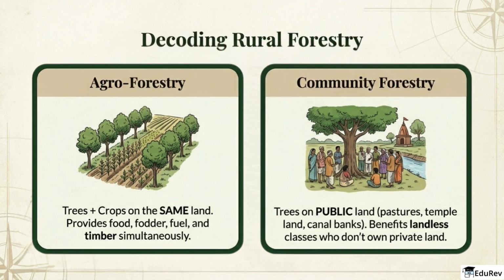And the key social point is important. This benefits landless groups, people who do not own private land but still depend on common resources. Most students understand agroforestry. Fewer understand why community forestry matters. It matters because forestry policy is also about equity.